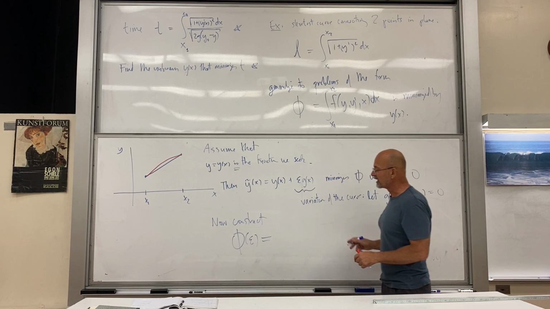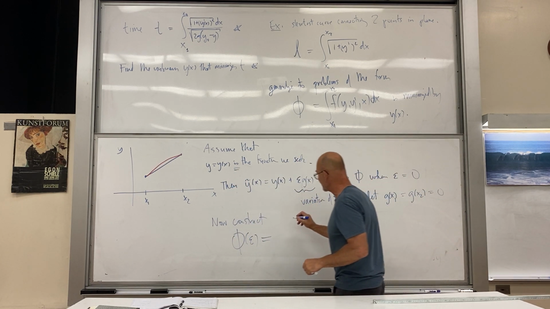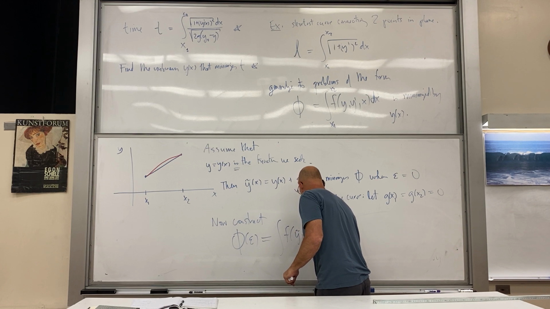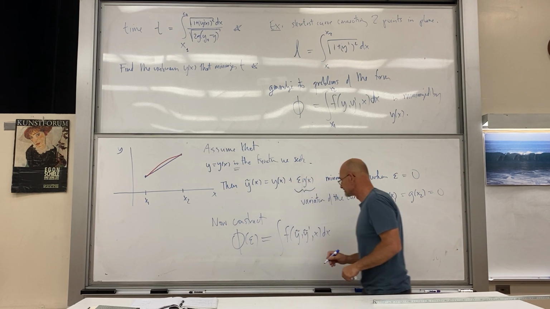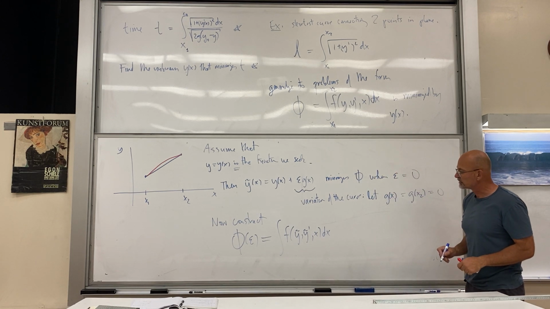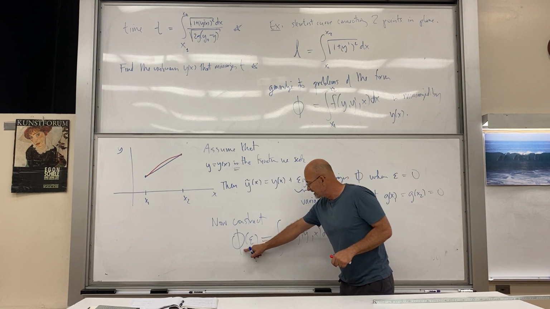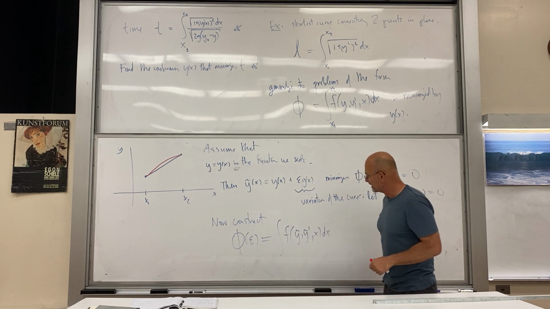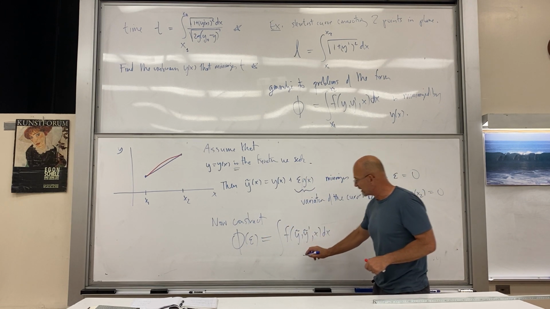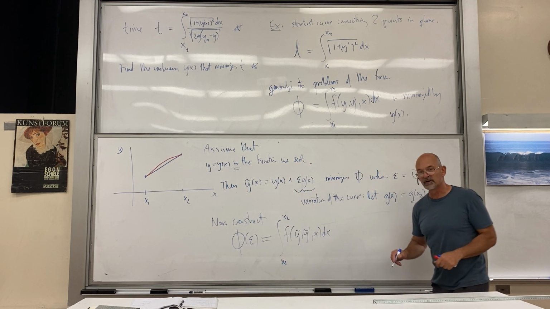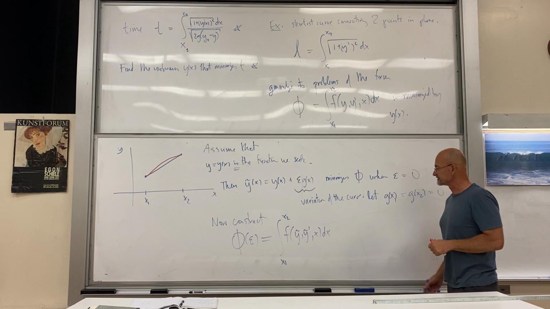Okay, this is just a great move, watch this. So we construct phi of epsilon is the integral of f of y tilde, y tilde prime, x dx. I've now constructed a function phi of one variable that minimizes this thing here, x1 to x2, when epsilon is equal to 0, by construction, okay?